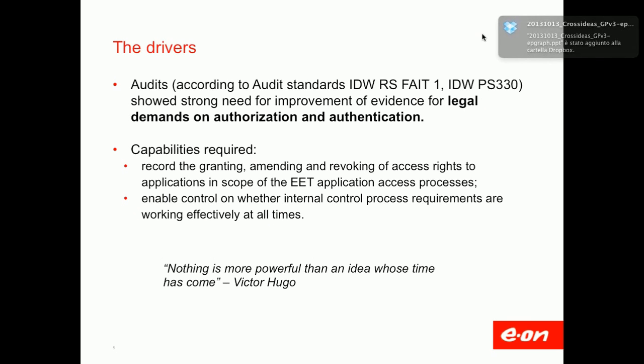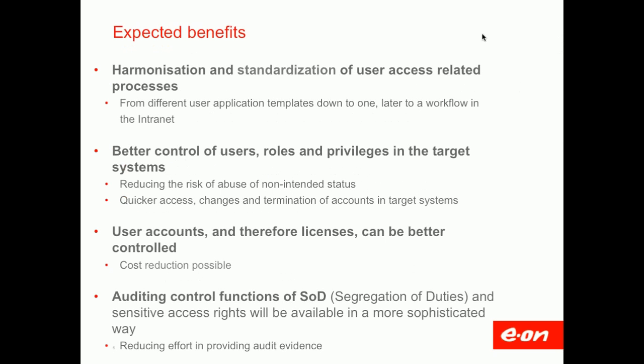Now, this sounds like, needless to say, an easy thing, piece of cake, let's do it. But the "let's do it" was actually the interesting thing, because, of course, we started to phrase not only benefits, but in a way, expectations and requirements. And we grouped them in four groups here. One was the harmonization and standardization of all processes that are somehow connected to basically user access management.